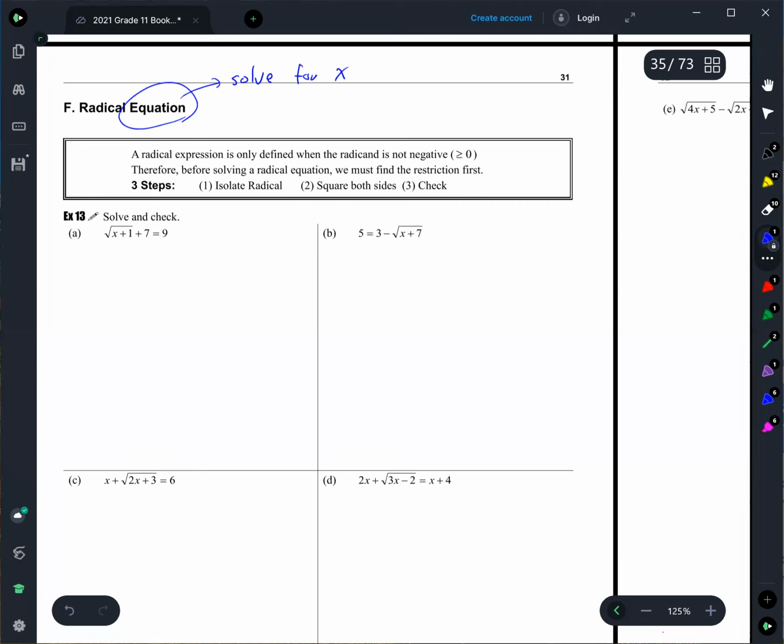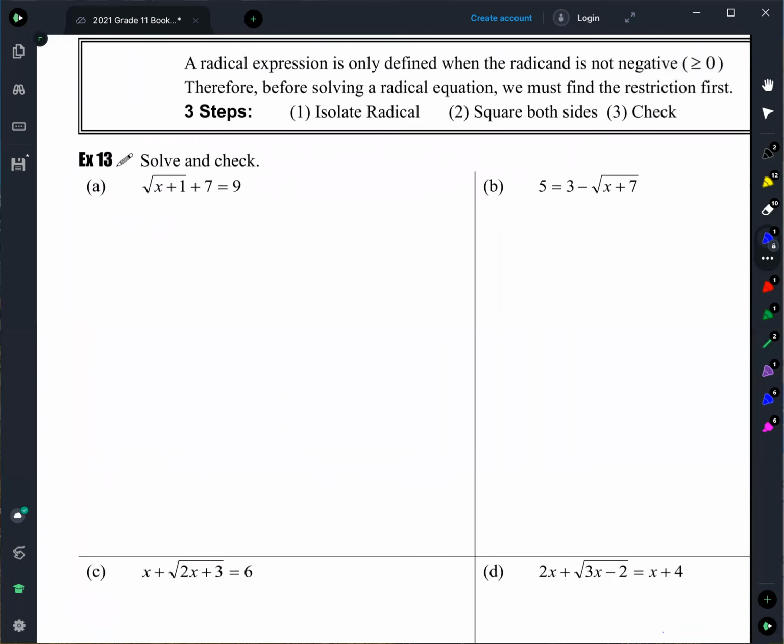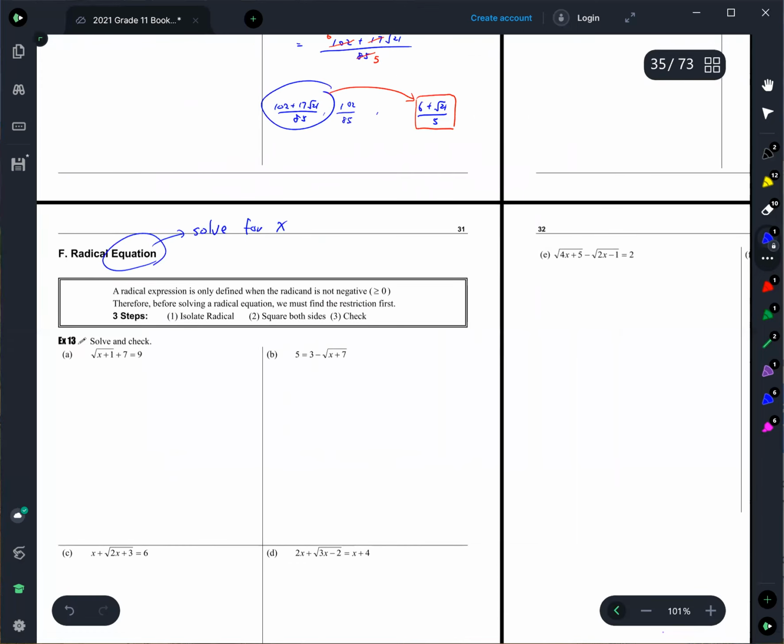Find out what x equals, so that the left side and the right side equal each other. If it's a regular equation, for example x plus 3 equals 5, this one we all know how to solve. Move things over and you get the x. But if there's a square root above the variable, we call that a radical equation.